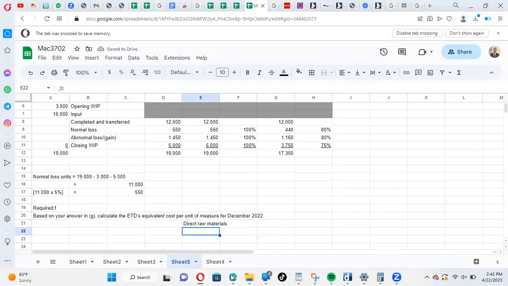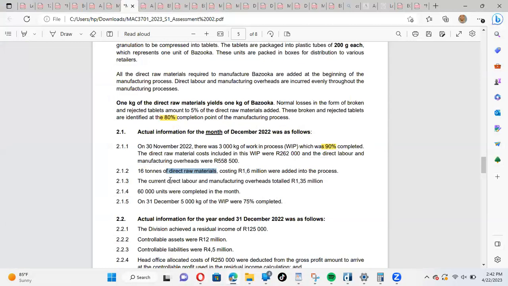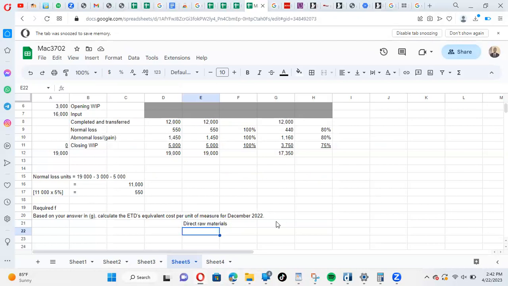You can basically use your own format. And then this one, let's say conversion costs. So this is just for 3 marks. No need to overthink.